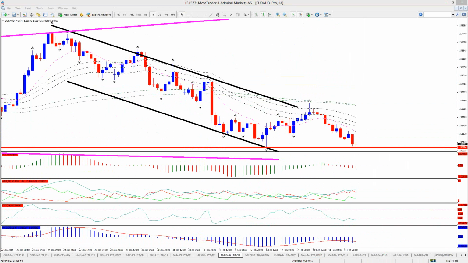Definitely a downtrend on Euro Aussie, but yeah, struggling right at this support level. Alright. Let's see, what else can we look at?